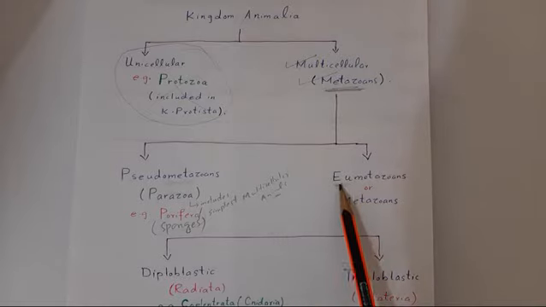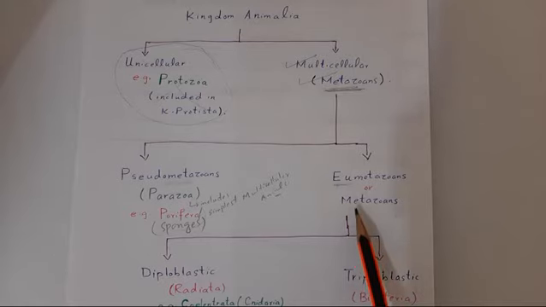So eumetazoans mean true multicellular animals. They are simply known as metazoans, the true multicellular animals, right? So the multicellular animals may be pseudometazoans or parazoa, the simplest multicellular animals, and the true multicellular animals, eumetazoans, simply called metazoans, right?